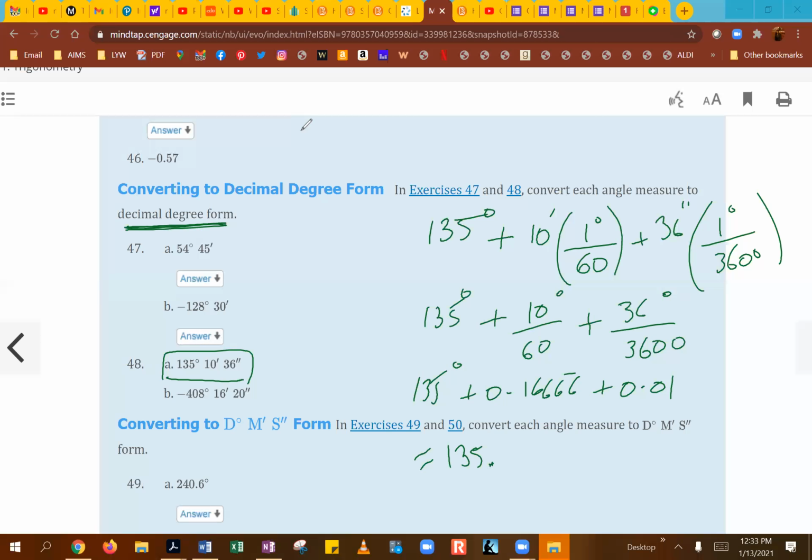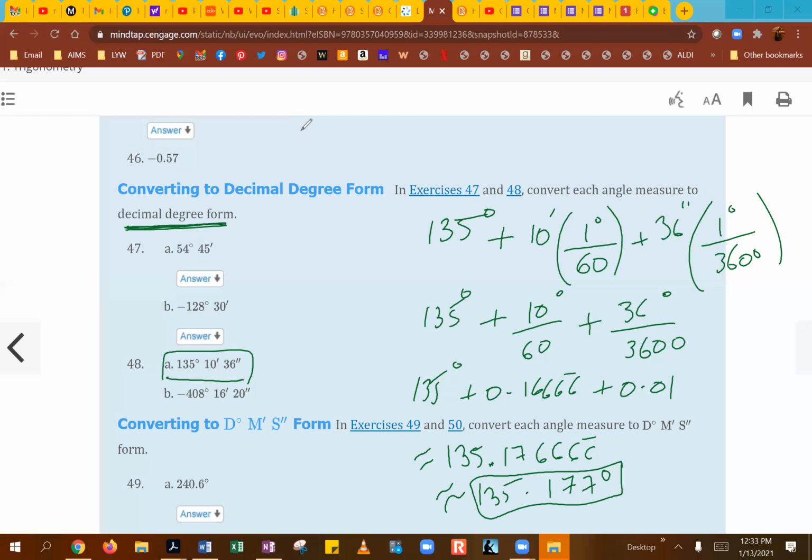So again, you will see that 135 degrees always stays the same. And then just adding our 2 decimal answers from the minutes and seconds will add up to 176. And then, of course, that 6 is repeating. So you can round it. Let's do 3 decimal places for now. 177, and this is going to be in degrees.